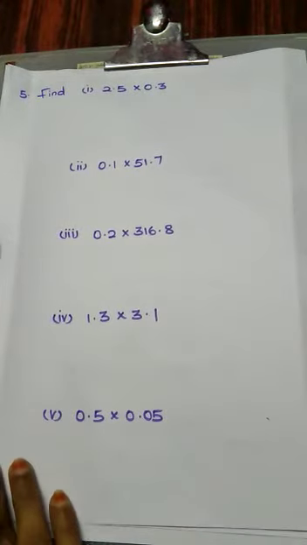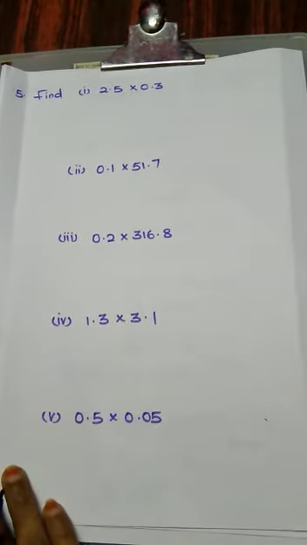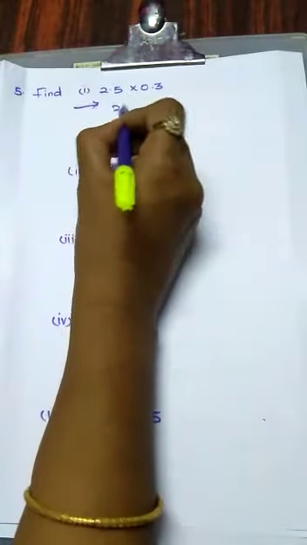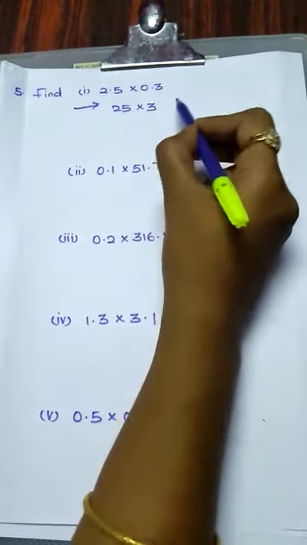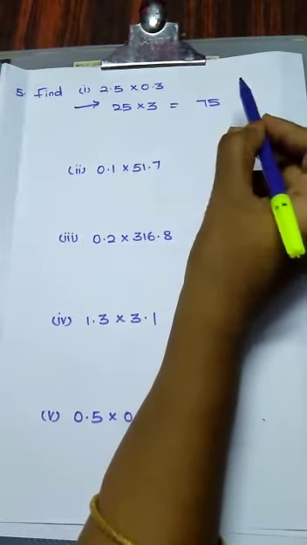Next problem, we are going to multiply a decimal number by a decimal number. For this also same procedure only. First we ignore the decimal point, directly multiply the values, then finally count the digits, then put a decimal point. Okay, directly take the value 25 into 3 because we ignore the decimal point. Multiply the value. What is the answer? 25 3s are 75 only.